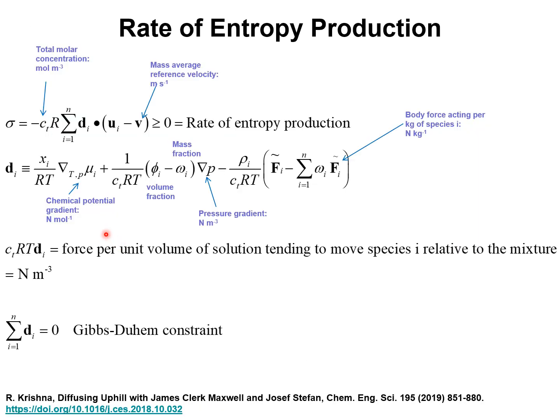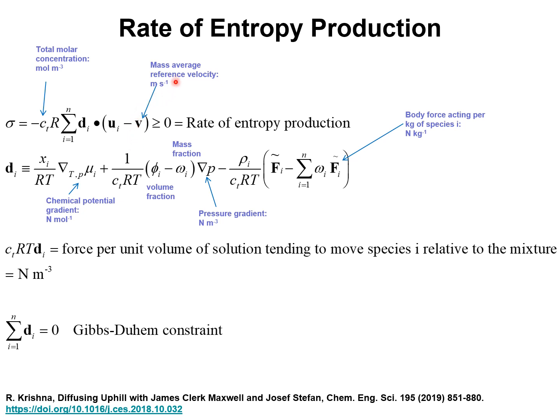In diffusion in n-component mixtures, the rate of entropy production can be expressed as the sum of the products of two factors. One, a driving force, and the other one, the differences in the velocities of transport of component i with respect to a reference velocity.